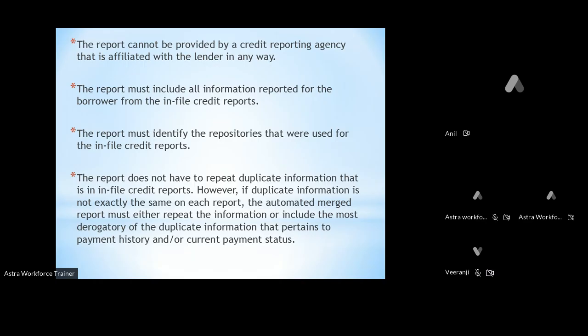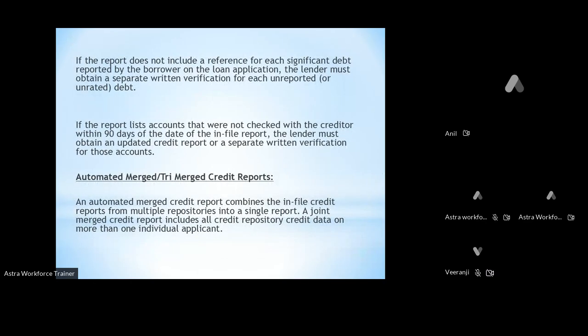So the tri-merge credit report, usually we use that. This type of credit report is what we use in US mortgage underwriting, because here you get all the credit scores and credit details of the borrower together from all three repositories.